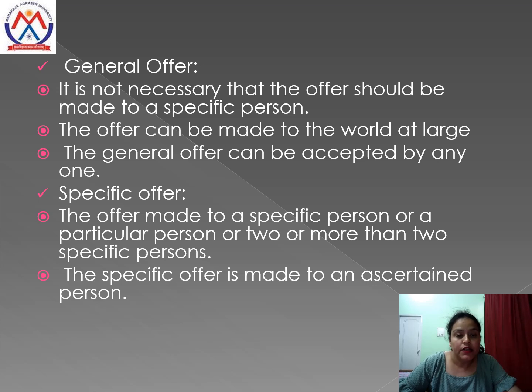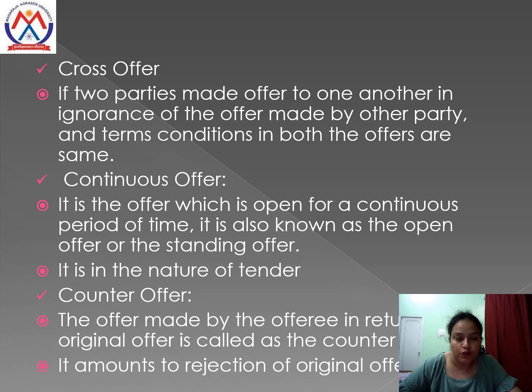Next is cross offer. In a cross offer, two parties are making an offer to one another, but they are ignorant about the offer made by the other party. The terms and conditions in a cross offer, made by both the parties, are the same.